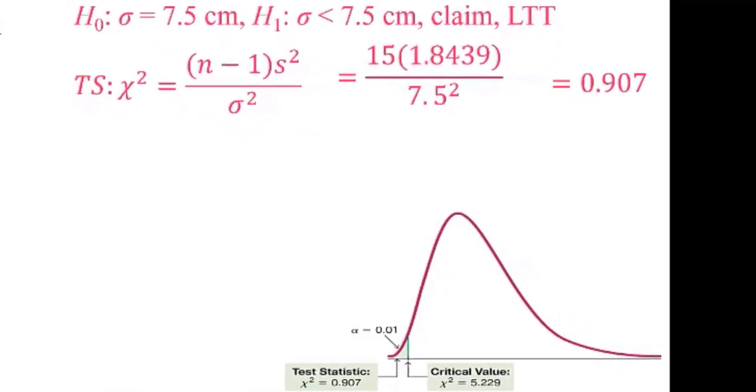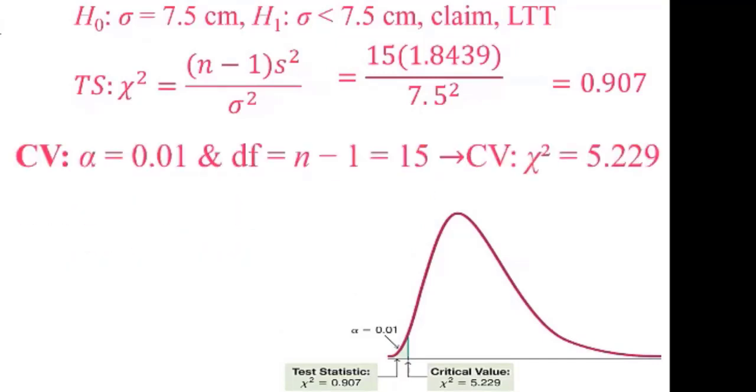Degrees of freedom is n minus 1, which is 15. And we get 5.229. With that being the case, where is this 0.907? This is way into the rejection region, to the left of 5.229, as you can see from the graph. And therefore, you reject H0.